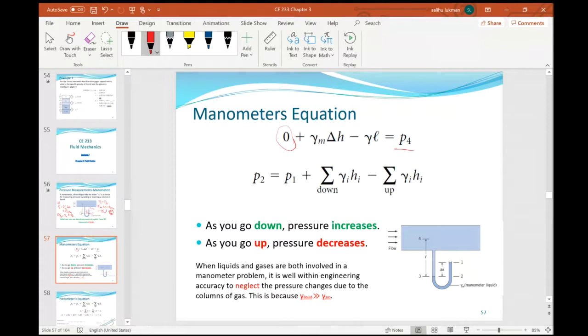That is because of the density. The density of air is about 1.2 kilogram per meter cube, while the density of water is 1,000 kilogram per meter cube. Just compare 1,000 and 1.2. That makes 1.2 so negligible.